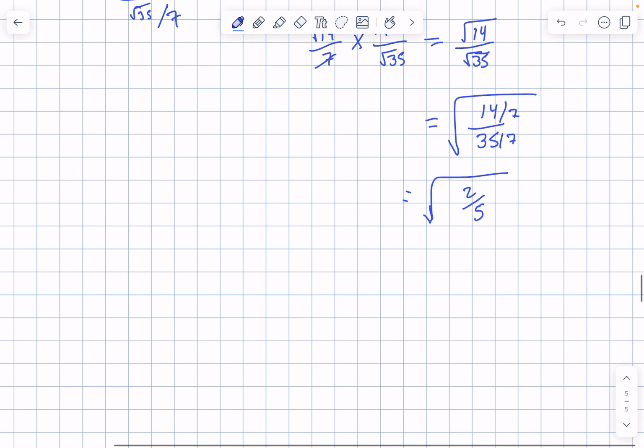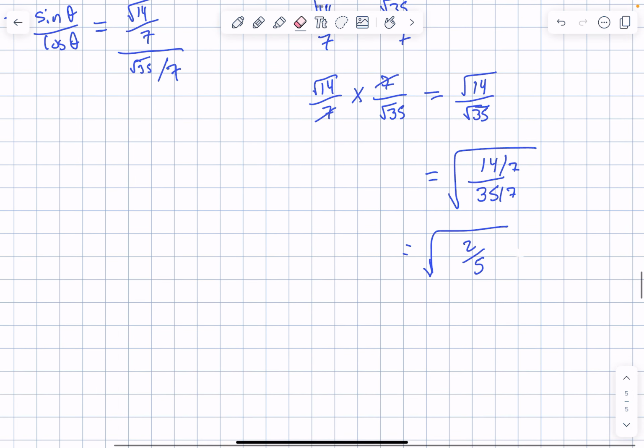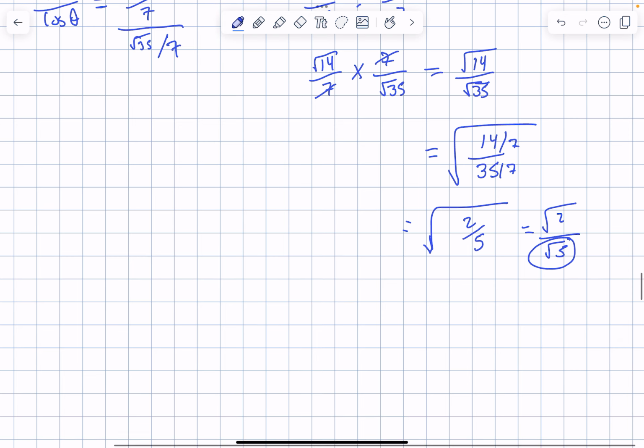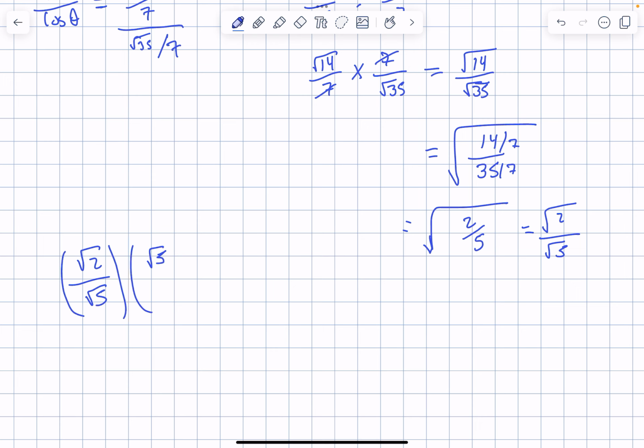Totally allowed. So this is equal to square root of 2 over square root of 5. I don't usually leave this in the bottom, so I'm going to multiply the top and the bottom by square root of 5, the denominator. This is square root of 10 over 5. So this is my tangent. Good.